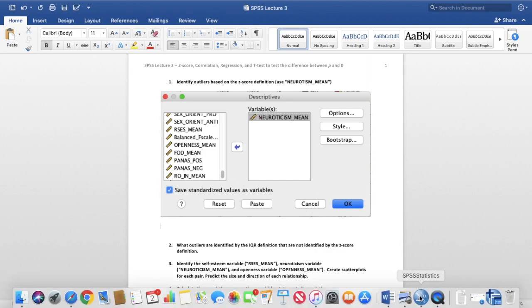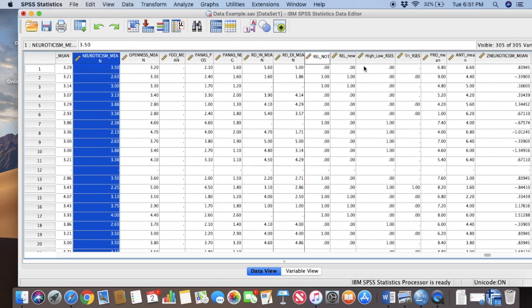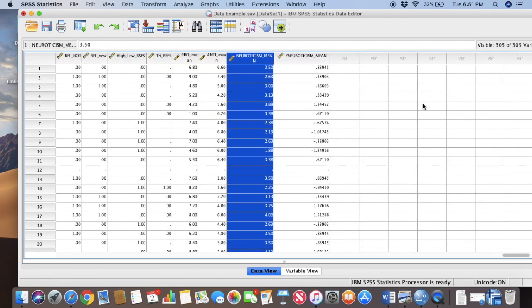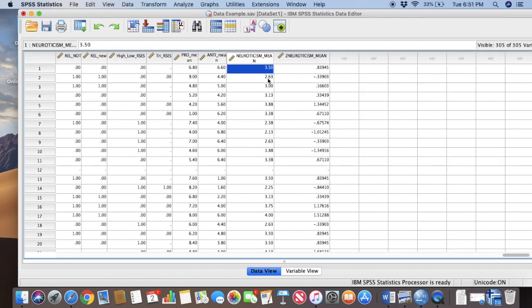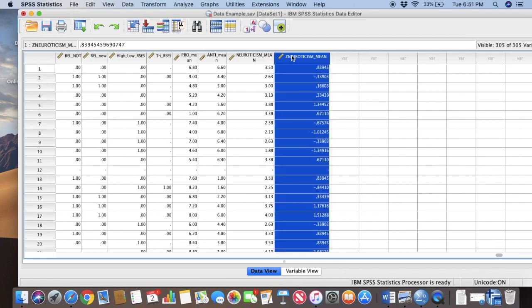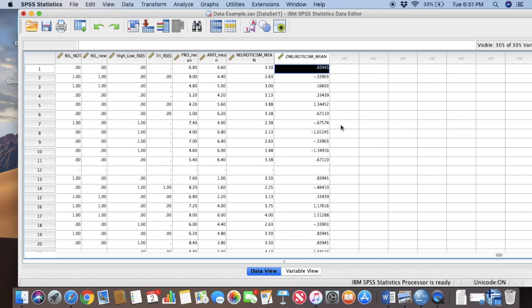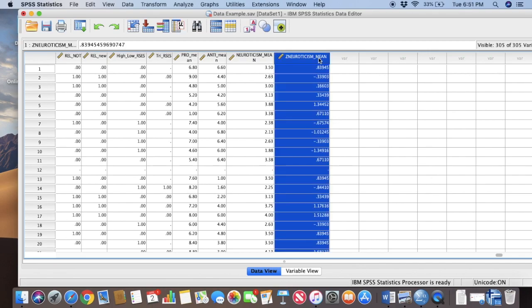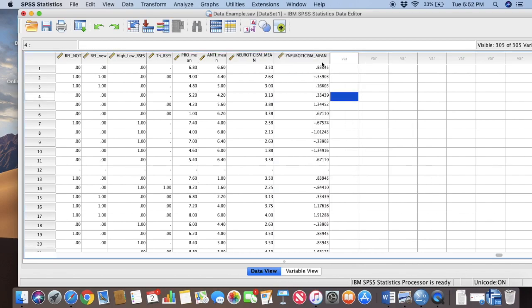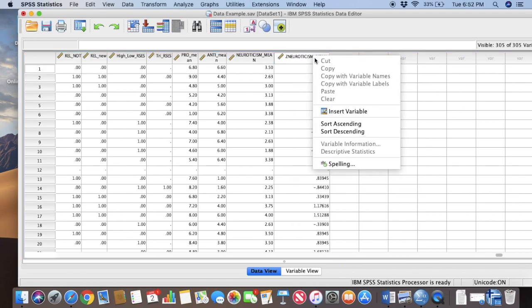Okay, hold on. Perfect. So I just moved the neuroticism mean raw score variable next to the z-score variable. So what I would do now is right-click and sort ascending. And that is not sorted ascending.